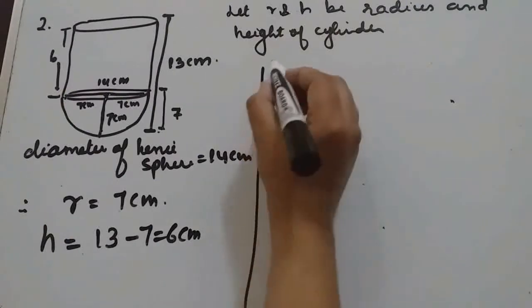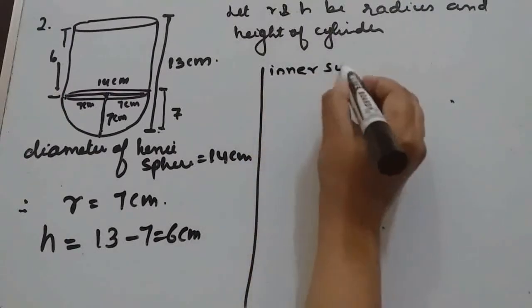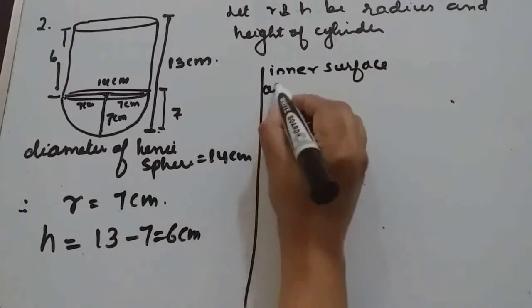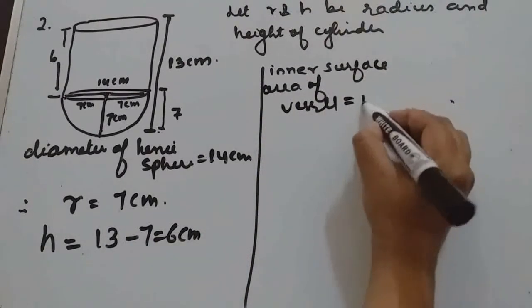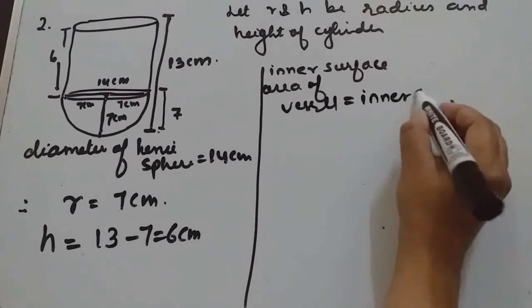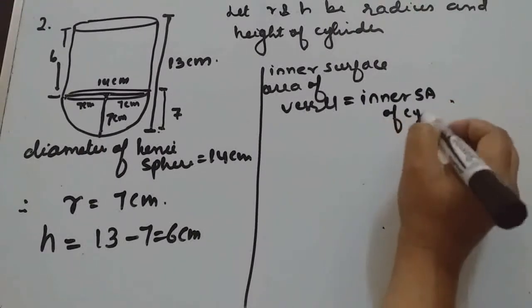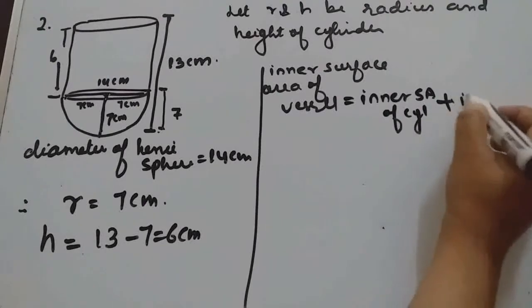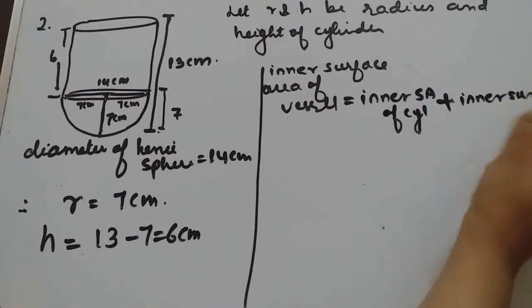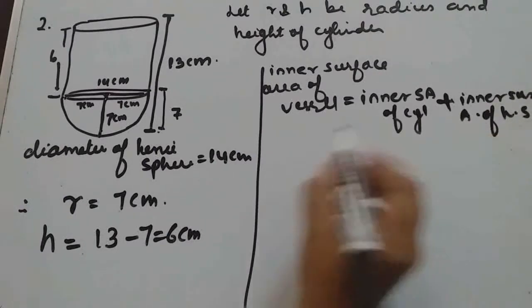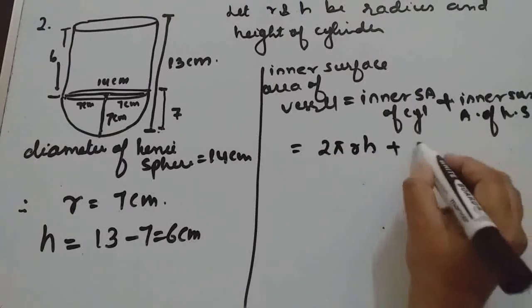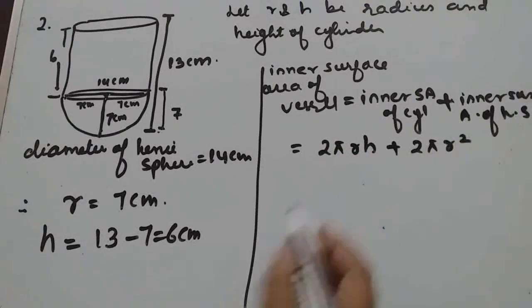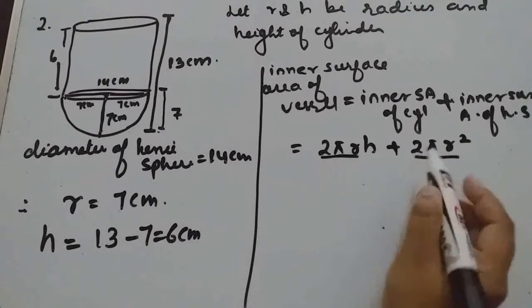Now we will find the inner surface area of the vessel, which is the inner surface area of the cylinder plus the inner surface area of the hemisphere. This is 2πRH and this will be 2πR². So 2πR we can take common.